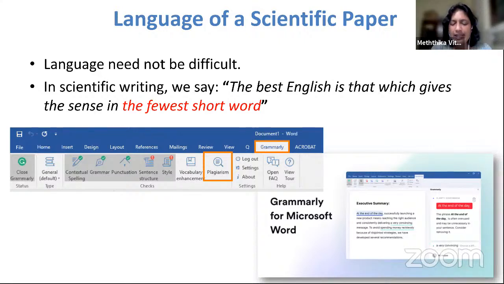You will understand the structure of the paragraphs. You will understand how they are being written, right? So you just follow that structure. Very simple.